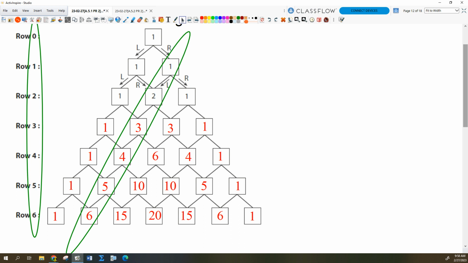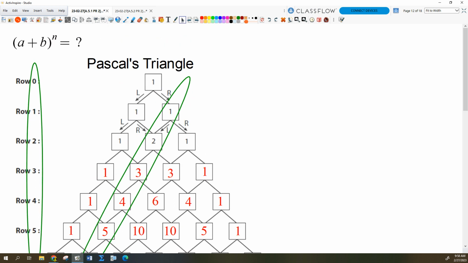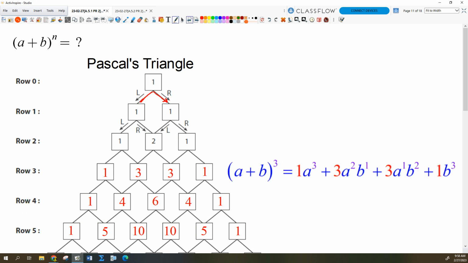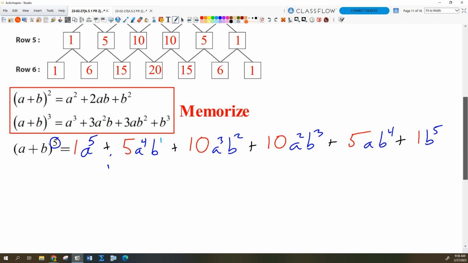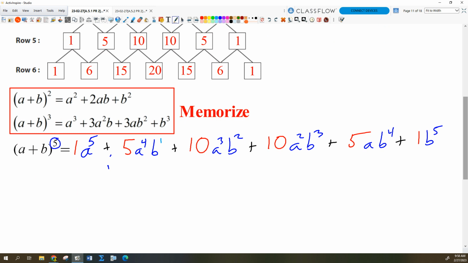Well, the row number is just giving us the power of the binomial that we're multiplying out, right? So we know, for example, in this last one, that guaranteed it's A plus B to the 5th. And so we know that the second coefficient has to be a 5, right?